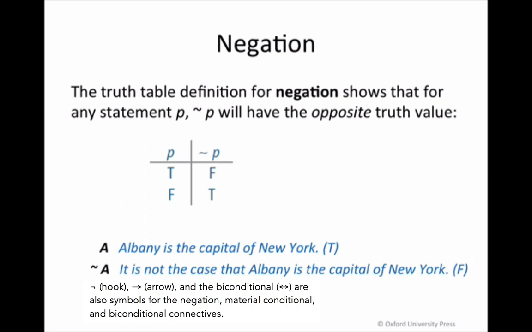So first, take a look at the left side of the table that has a lowercase p in it and then a T and an F. What you'll always see when you see truth tables is the standard values. So any sentence in the universe is going to be either true or false. So we just write that on the left side of that vertical line.